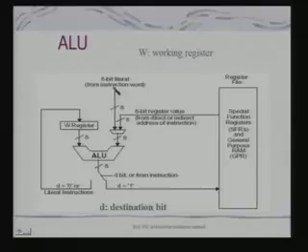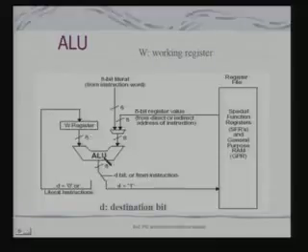You have your operands either from the instruction, when it is an immediate, or it can come from a register, and that is one of the operands used in an arithmetic operation. The other operand universally comes from the W register.